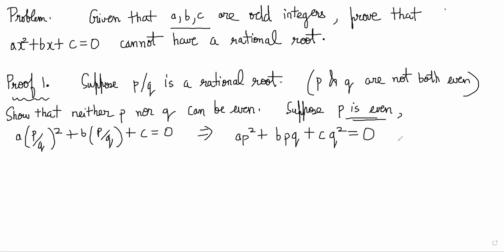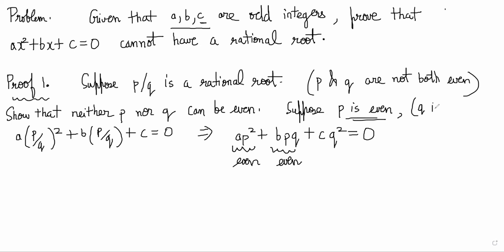Now, if we suppose that p is even, then ap squared becomes even and bpq becomes even. But we know that q was odd and c was odd. c being odd was given in the question, and q we are assuming is odd, because we are supposing p could be even.